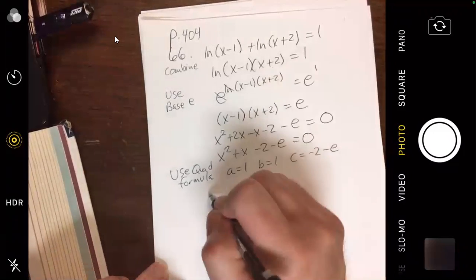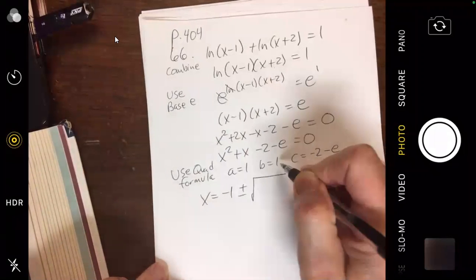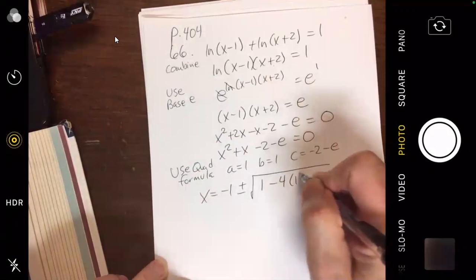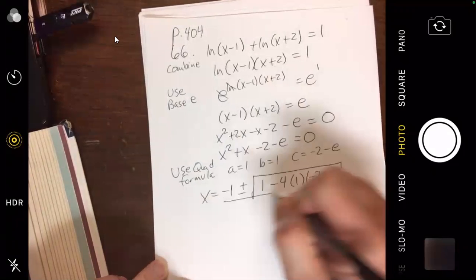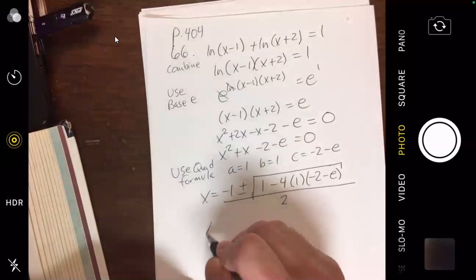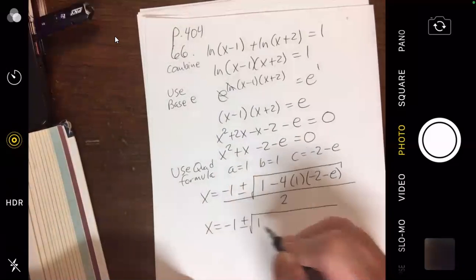So let's see, x would be negative b, add and subtract, square root of b squared, well, that'd still be 1, times a is 1, times c is negative 2 minus e, over 2a, which is 2. About the only thing you can do, I don't know if they leave it in terms of e or if they get a cap, maybe we'll leave it in terms of e. All you can do is negative 1, add and subtract, big square root, 1.